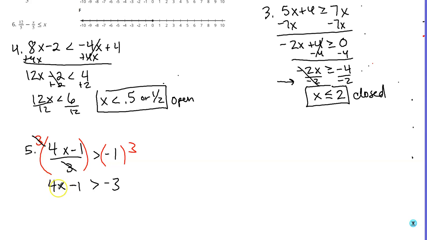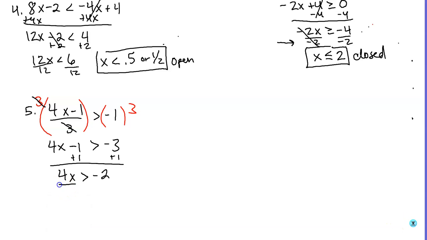Okay, I already have the x's here, so I just have to add 1 to both sides. Negative 3 plus 1 is negative 2. To finish, I'm going to divide both sides by 4. Remember, this number you divided by was not negative, so I do not flip the inequality. And this is negative 1/2. So what does this say? This says x is everything greater than negative 1/2.